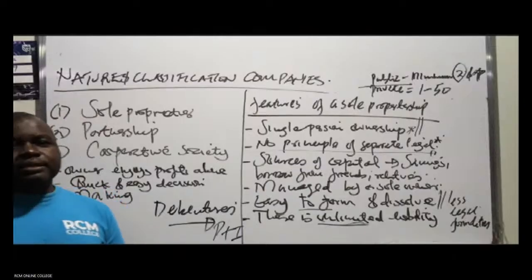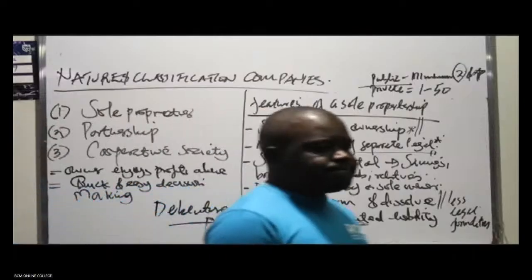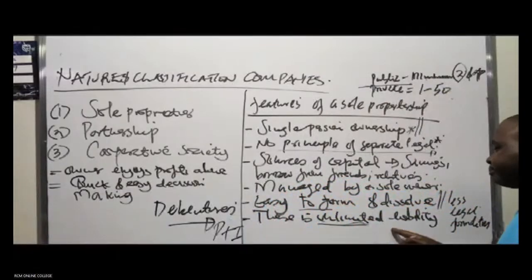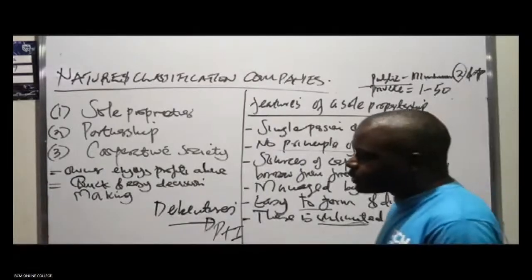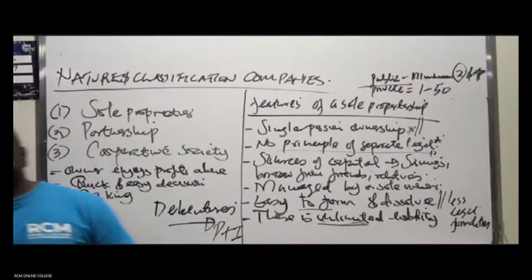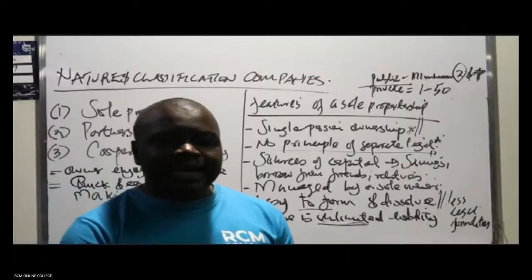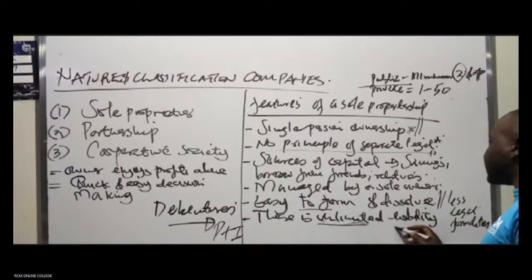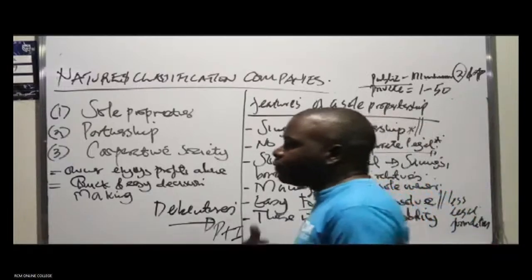To settle the business liabilities. The unlimited liability does not exist at all in a sole proprietor, but it can exist in a company, for example, if the company is registered as a limited company. But in a sole proprietor, it does not exist at all. It means the sole owner can be liable for the liabilities of the business.